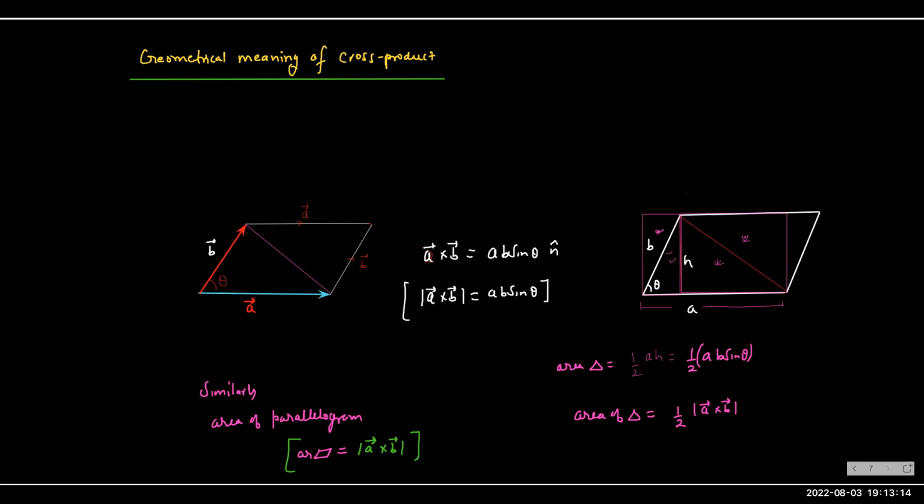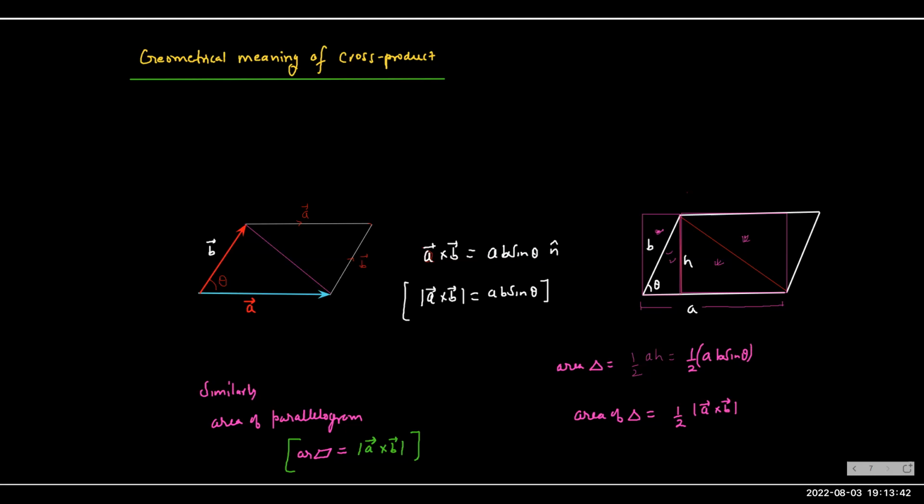So two vectors we are taking as the two adjacent sides of a parallelogram, and by writing the cross product it is giving us the area. And this is like a blessing in disguise, isn't it? It will unleash a lot of mathematical formulas to be derived very easily and very conveniently.